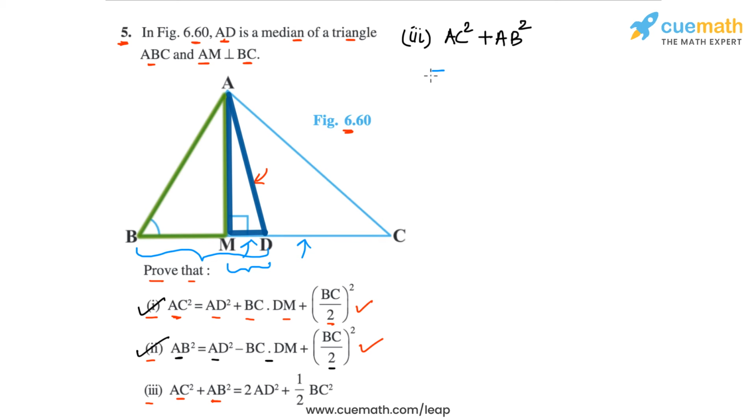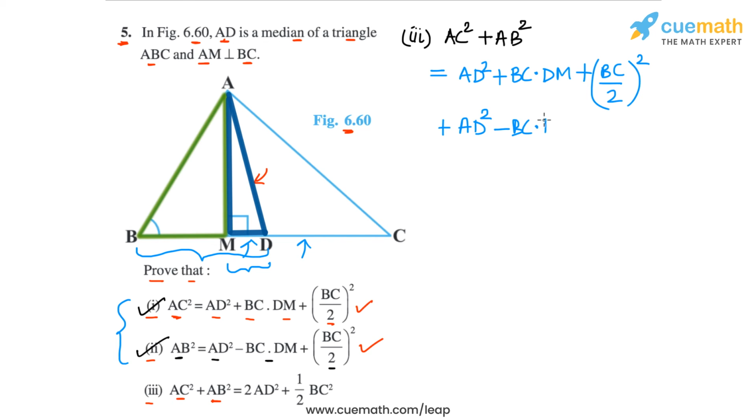So for AC square we obtained AD square plus BC into DM plus BC by 2 whole square, correct? I'm just reading off the parts here. And then for AB square we got AD square minus BC into DM plus BC by 2 whole square. So this is what we got.